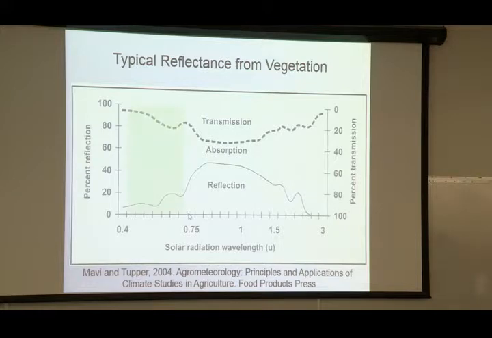We call that photosynthetically active radiation because that's where we have energy absorbed by the plants for photosynthesis. And those are also the wavelengths that we see with our eyes. Then at slightly longer wavelengths, we get a sudden change, and we get fairly high reflection when we get into the near infrared.